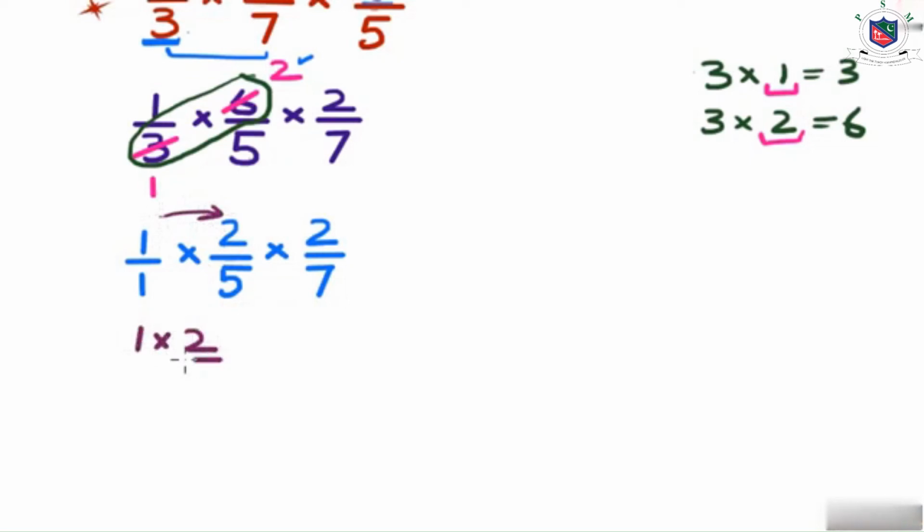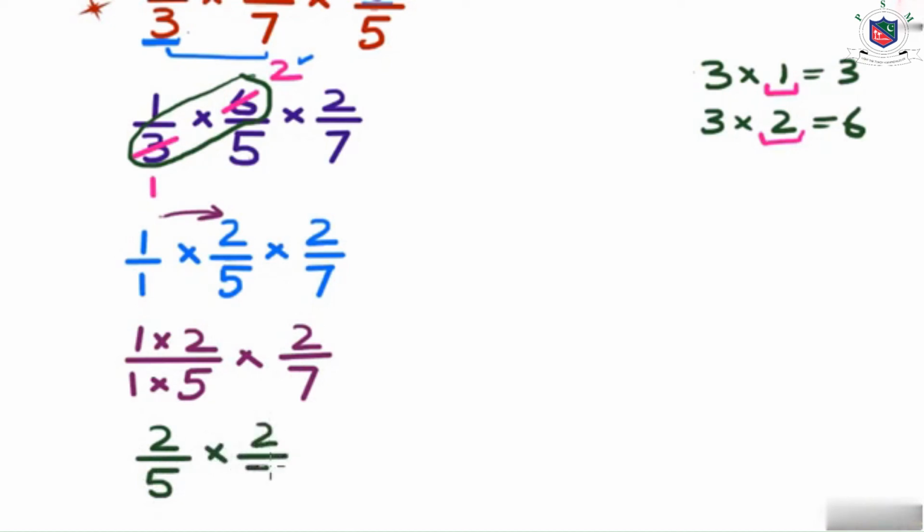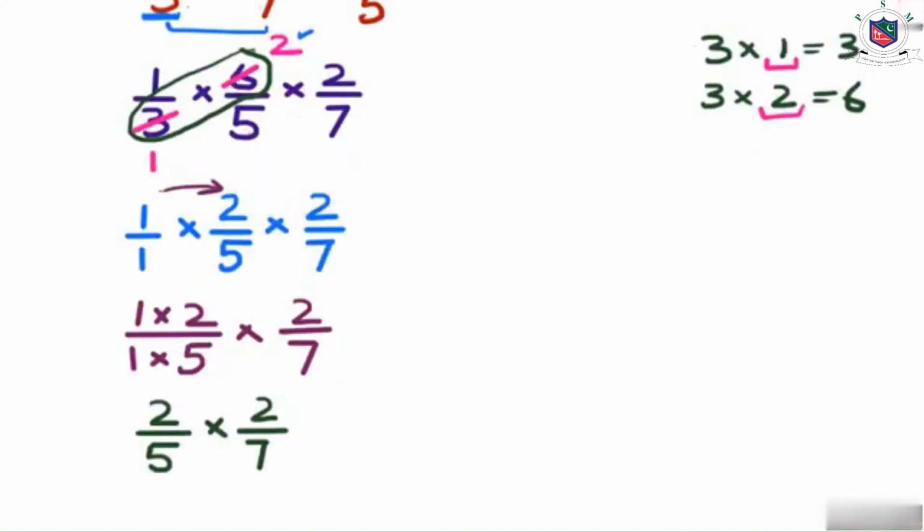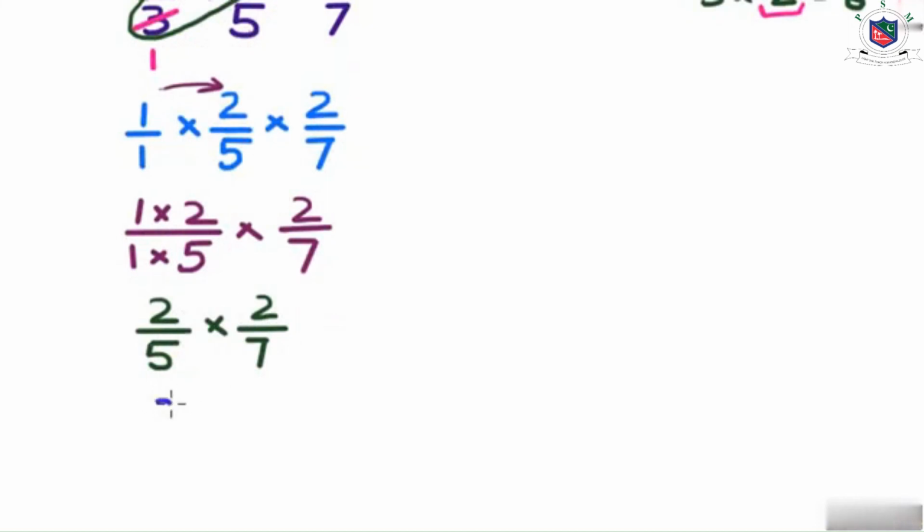So we multiply 1 by 2 and 1 by 5, and the third fraction we write as it is. 1 times 2 is 2 and 1 times 5 is 5, multiplied by 2 upon 7. Now we can multiply these two fractions.